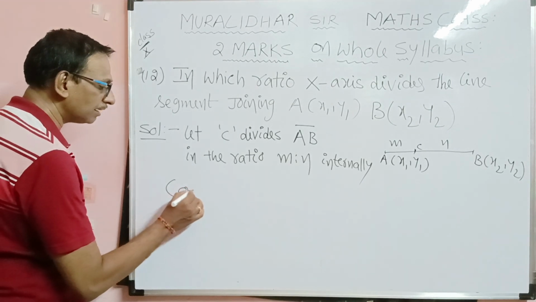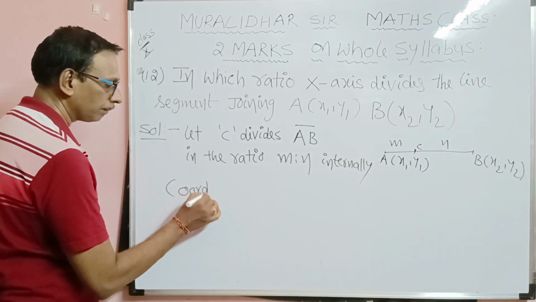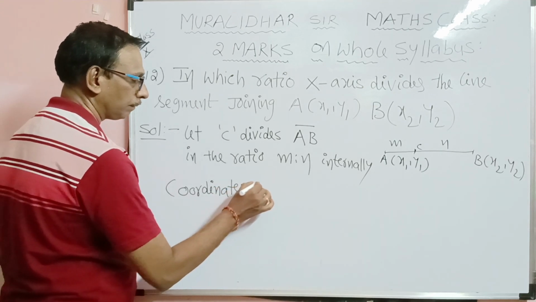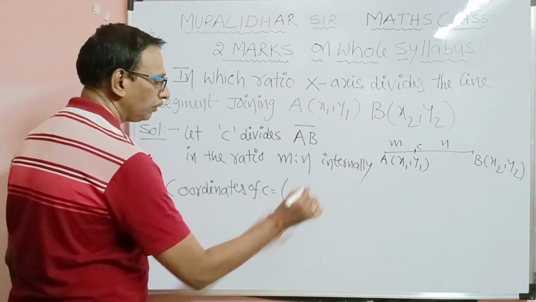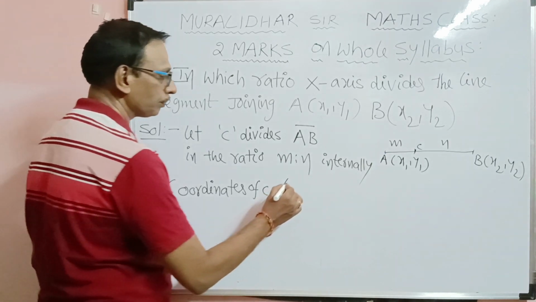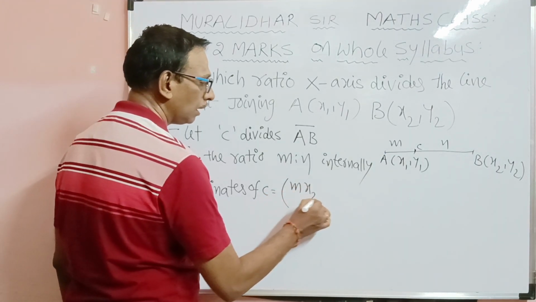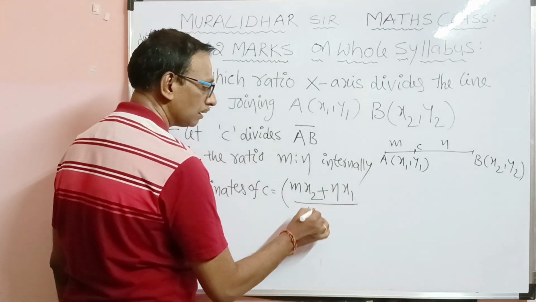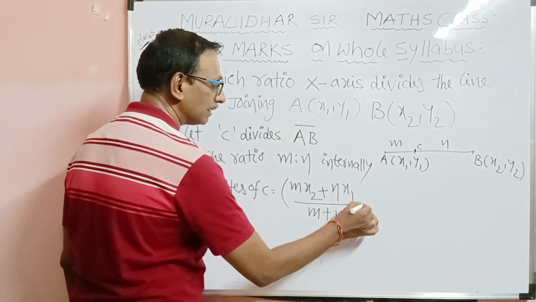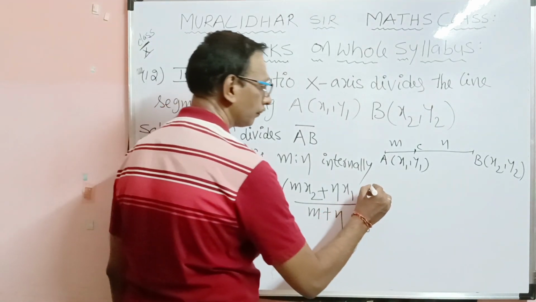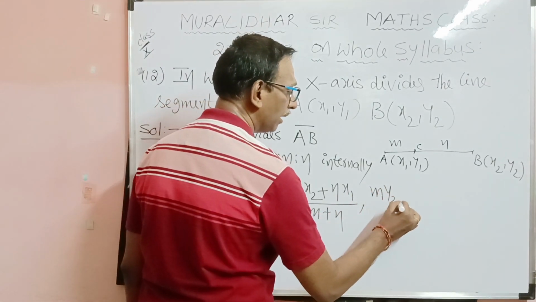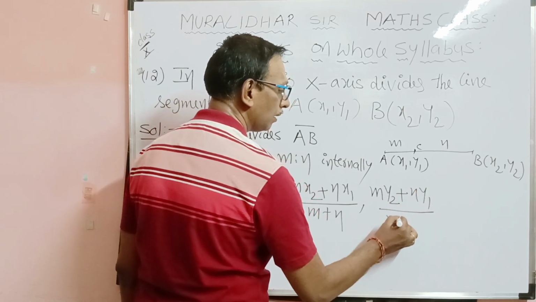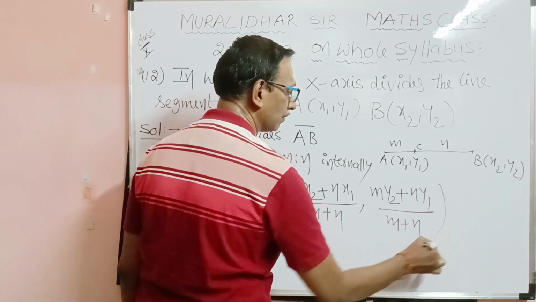Now coordinates of C using the section formula: mx2 plus nx1 by m plus n, my2 plus ny1 by m plus n.